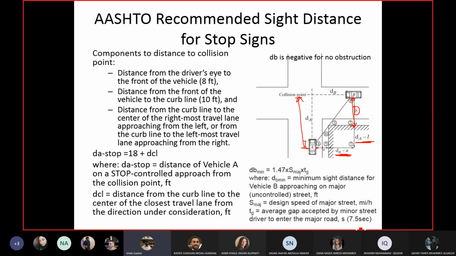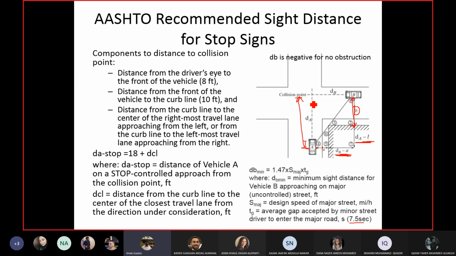They have given us a standard value here, which is 7.5 seconds. So 7.5 seconds is normally considered standard for a driver coming from the minor road to enter the intersection if he has this much gap from the vehicle on the major road. And again, the gap is from the car to the collision point.